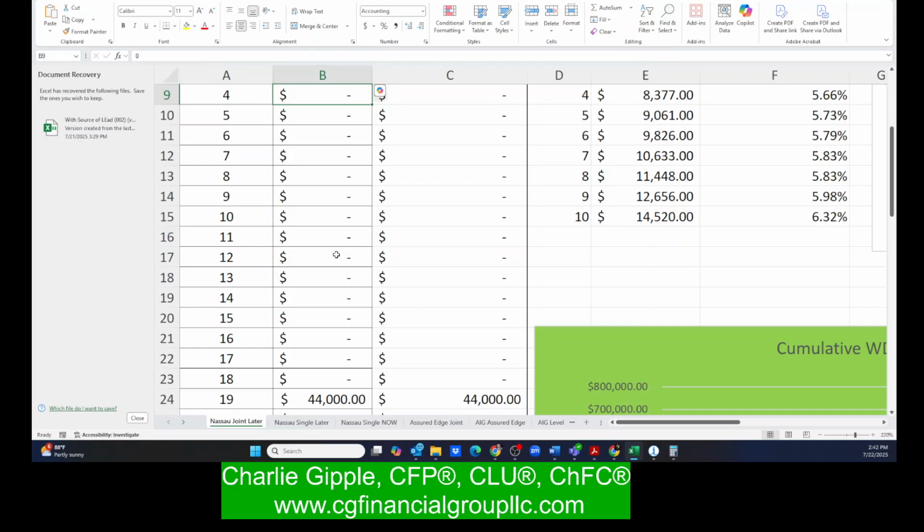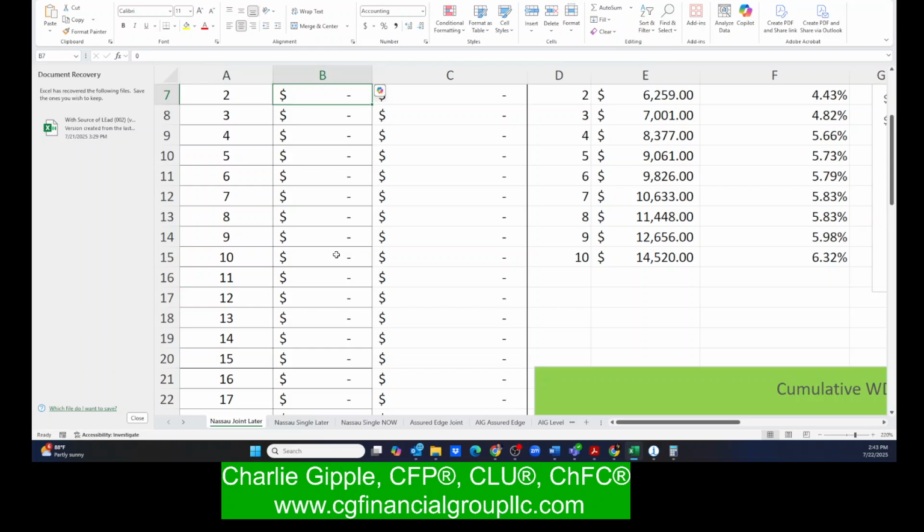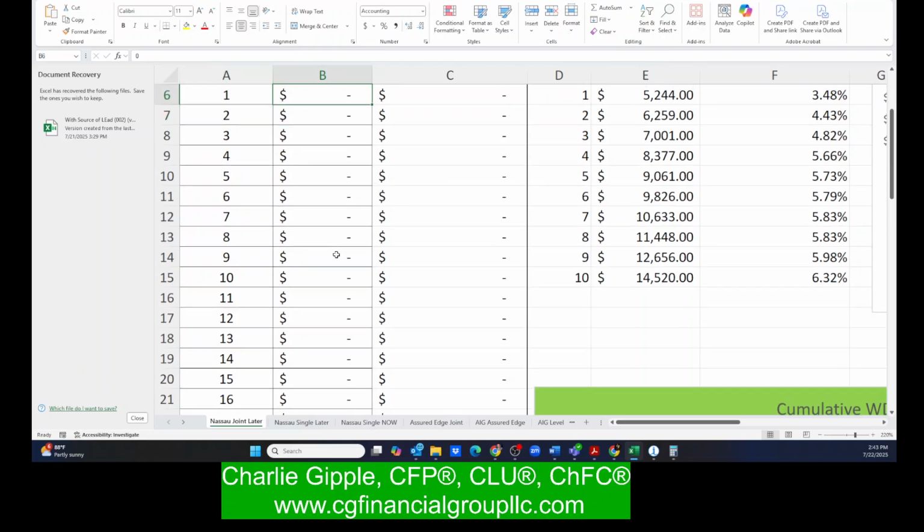Can you guarantee that? No, you can't guarantee that. Plus, even if you could perform at 10% like large cap stocks have done since 1926, it doesn't go up 10% every single year. And we all know that when a portfolio is fluctuating up and down and you're taking income from it, I really don't care what the average return is over the long run, because that's not going to necessarily reflect what sustainable income you could take from it.